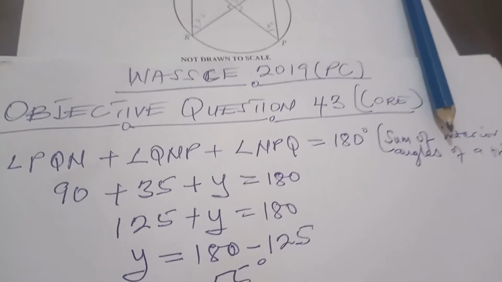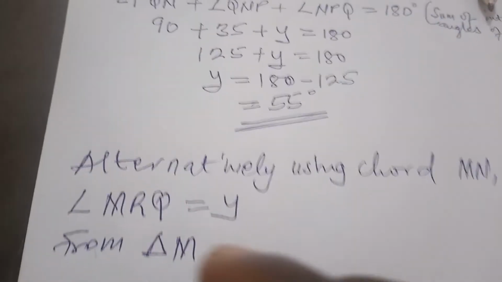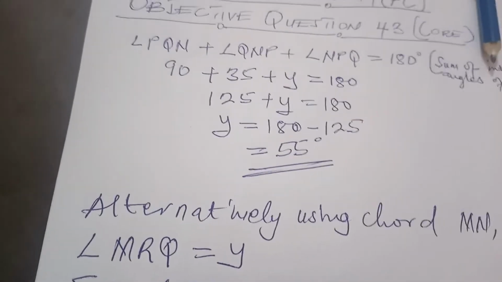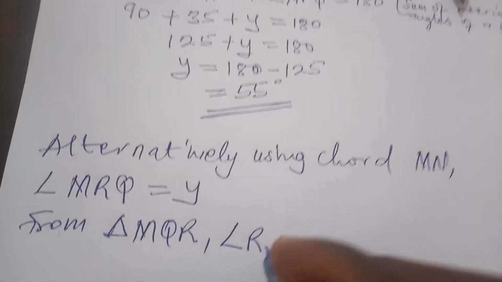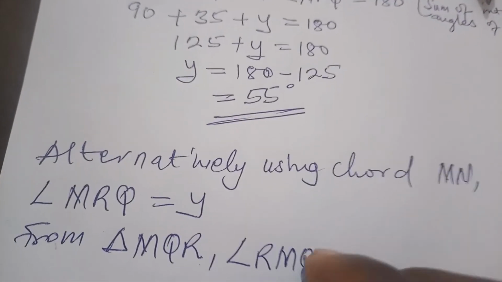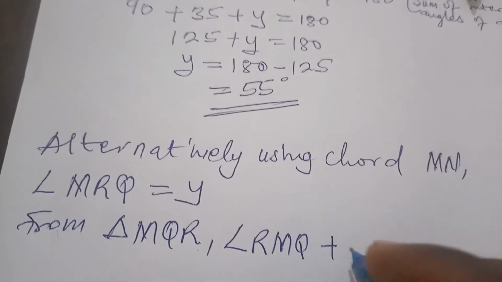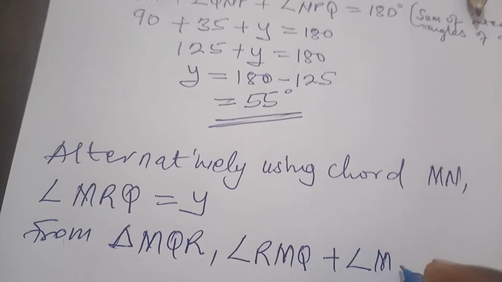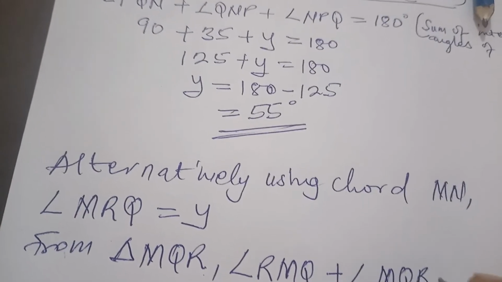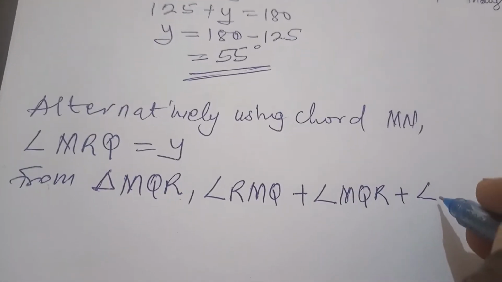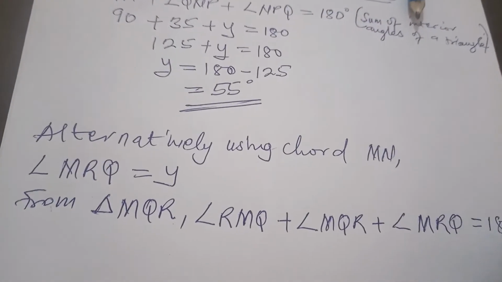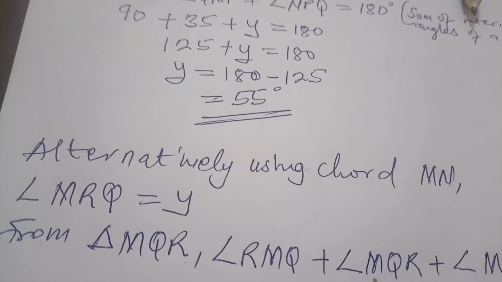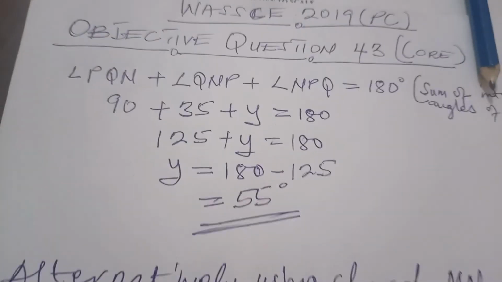Yeah, from triangle MQR, we will see that angle RMQ plus angle MQR plus angle MRQ should give us 180 degrees. Angle RMQ is 35 degrees.